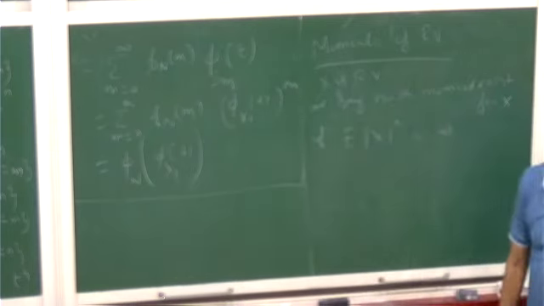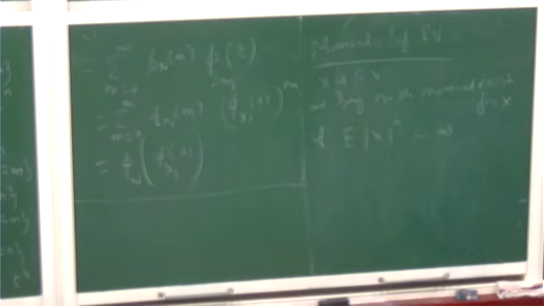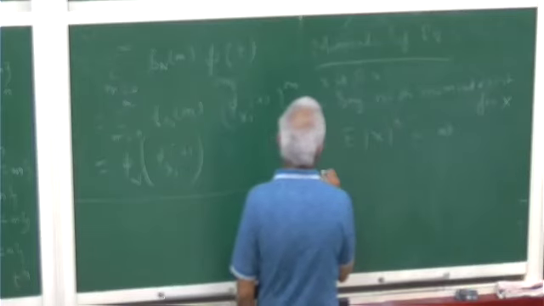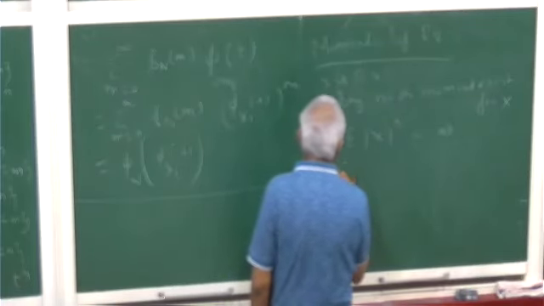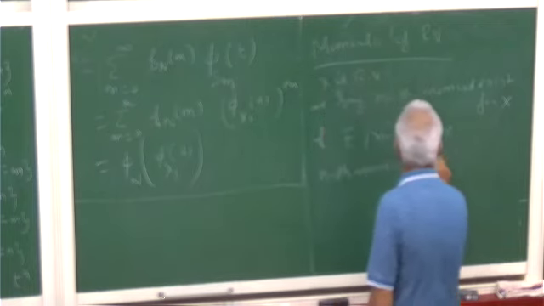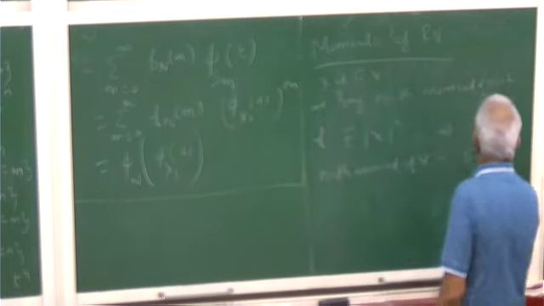That's all. If the nth power of the modulus of the random variable has finite expectation, then we say this. And the definition of the nth moment of X is just E of X power n.